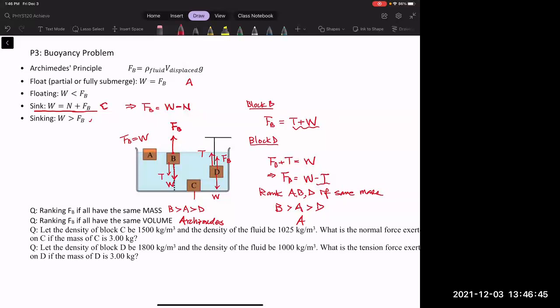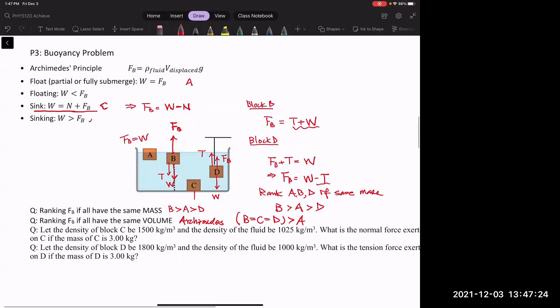To answer this, they all are fully submerged in the liquid, so they all have the same amount of buoyancy force, and that is greater than A. Because with the Archimedes principle, we are looking at how much the volume changes due to the object that you put in. So B equals C equals D, but they are all greater than A.